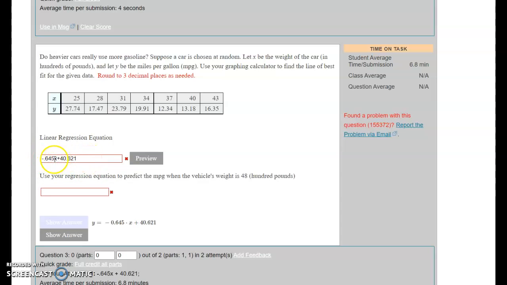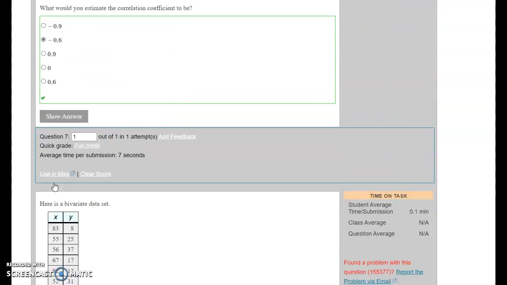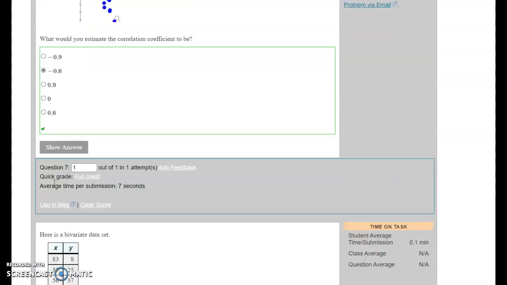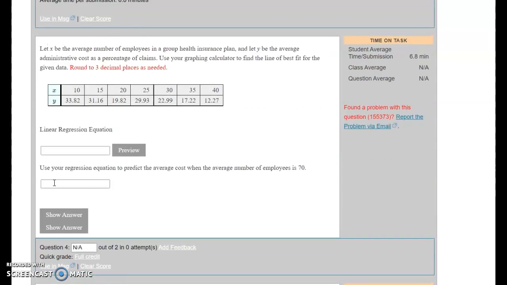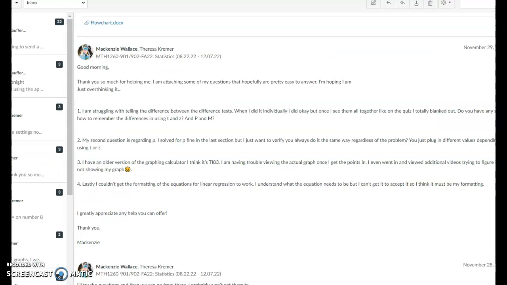So when you come up with the equation, right now you're just putting in this part of it, which is correct. You have to have a y equals at the front. Okay, so just make sure you put that y equals in. I don't see answers the rest of the way, so maybe you stopped there because you were stuck. But it does look like you're doing that correctly, but just make sure it's y equals and then the rest of the numbers in x like you have here. Okay, so hopefully that answers 3 and 4.